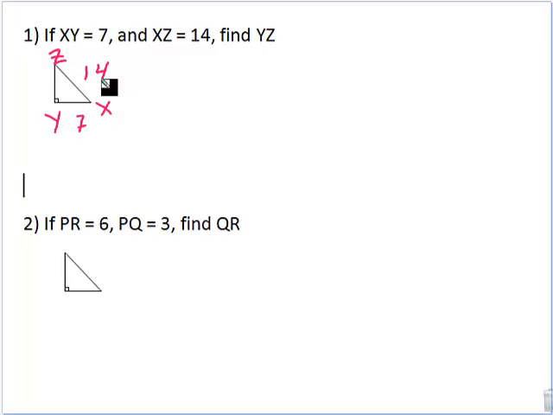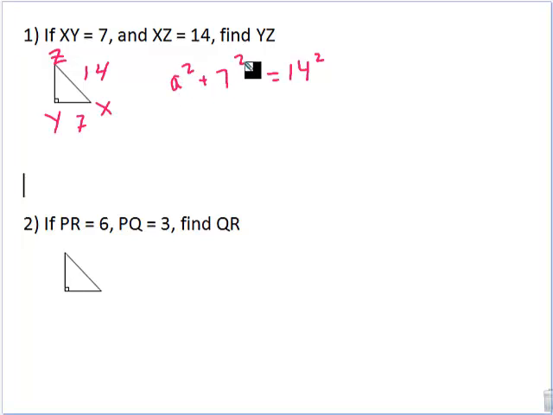So the only way to find YZ is to use our Pythagorean theorem. So Pythagorean theorem is A squared plus B squared equals C squared. So C squared, C represents the hypotenuse. So which of these values is the hypotenuse? 14. The 14. So we know that this should equal 14 squared. And then we can just say, well, A squared plus 7 squared.